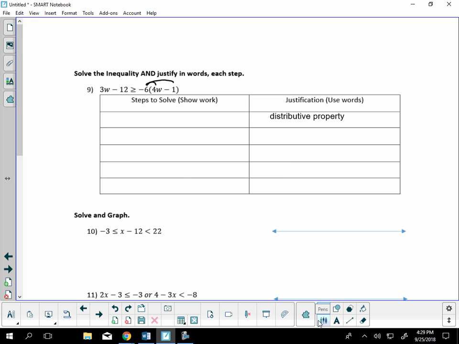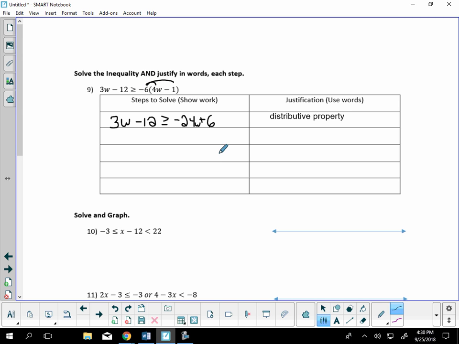So I use my distributive property, and I'm left with 3w minus 12 is greater than or equal to negative 24w plus 6. I think I was going too fast last time, and I didn't take that 4 into consideration.